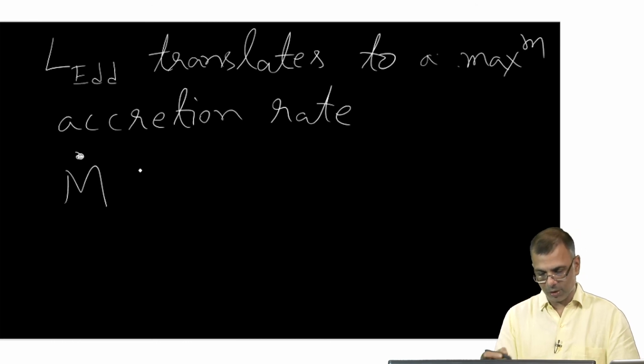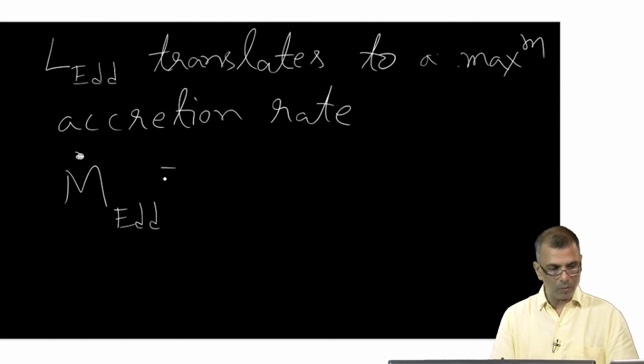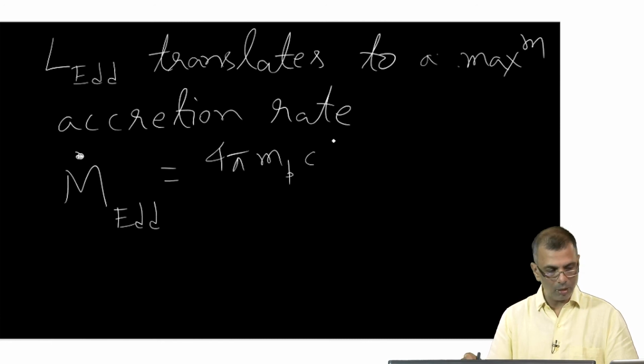The dot represents grams per second. Eddington is equal to 4 pi m p c.